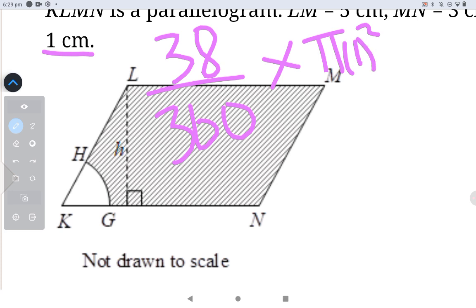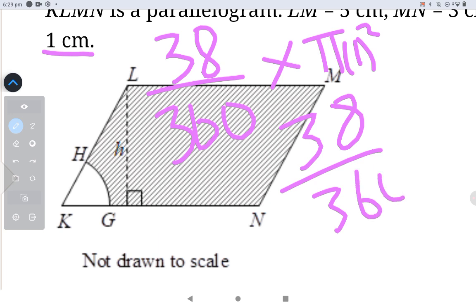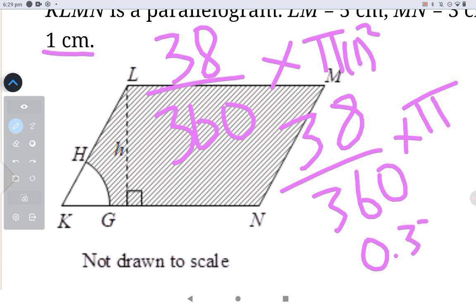1 square is 1, so 38 over 360 times pi. If you do it on the calculator, what do you get? We get 0.333, yeah, 0.33 and so on.